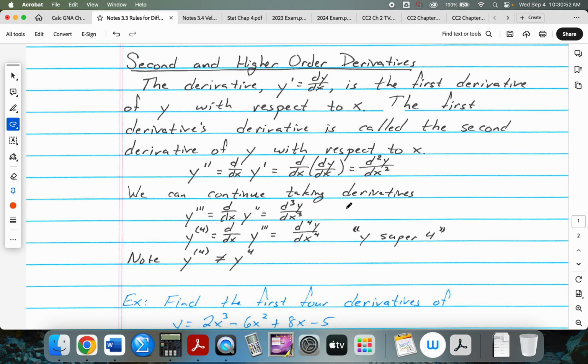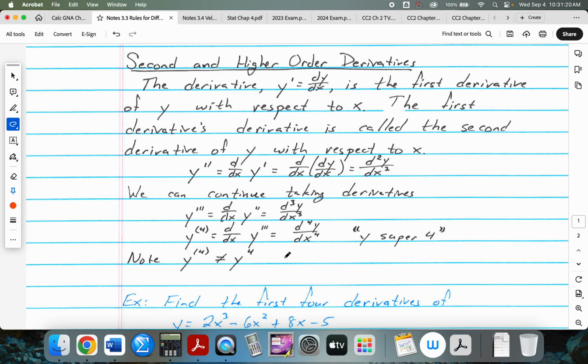So you can continue taking derivatives. The third derivative, d cubed y over dx cubed, or y triple prime. Once we get past the third derivative, doing little prime marks gets a little crazy. If it had been me, I would have said, use Roman numerals. I wasn't at the meeting, so they didn't take my suggestion.